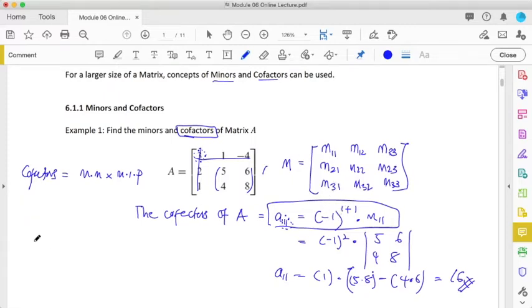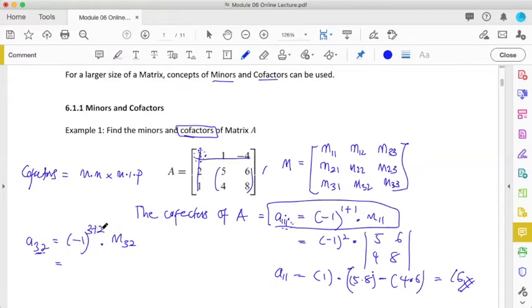For example, if we want to find the cofactor at A32, what you can do is take -1 to the power of the position of the coefficient, 3, 2, which is 3 plus 2, multiplied with the matrix of minors at position 3, 2.